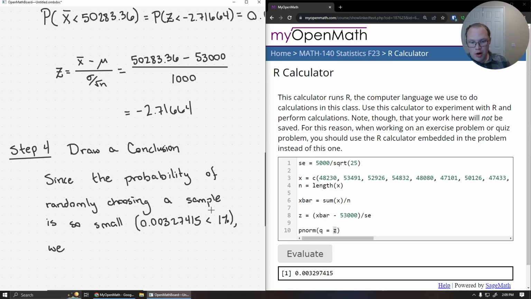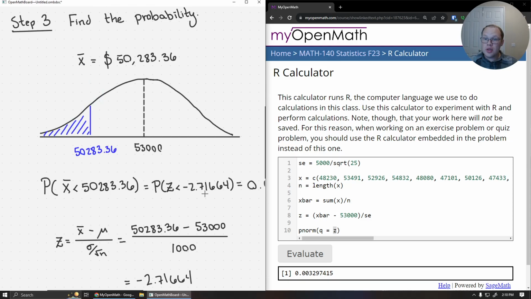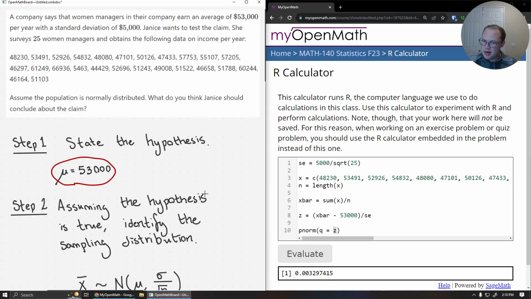And in this case, the probability is so small that we are going to conclude that the hypothesis is false. And so we conclude that what the company's saying, that the average amount that they pay their women managers is $53,000, we're saying, no, I don't think so.